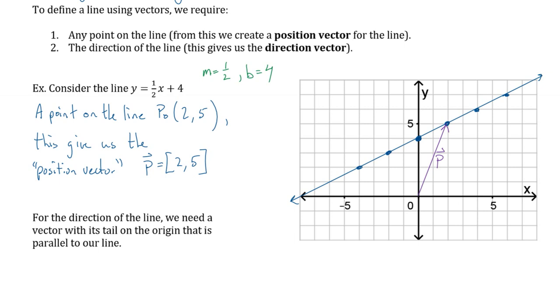So go with me on this. Let me get this finished. That maybe doesn't make any sense where I'm going with this, but trust me, I'm going somewhere with it. Now, for the direction vector of the line, and we're talking about this line, we need a vector with its tail on the origin, but one that is parallel to the line. So what would that direction vector be?